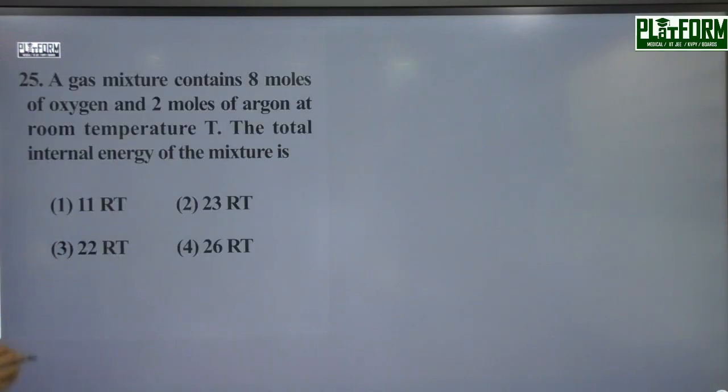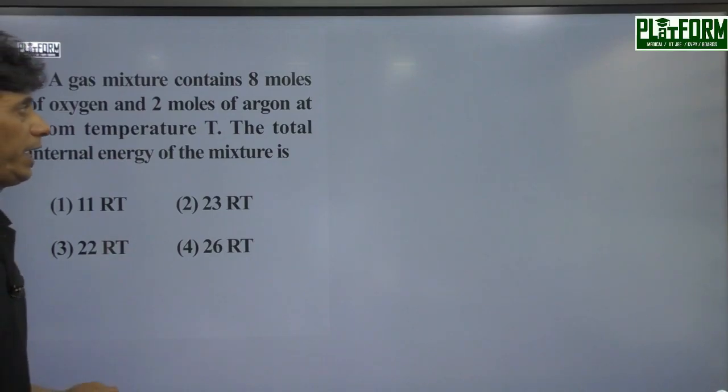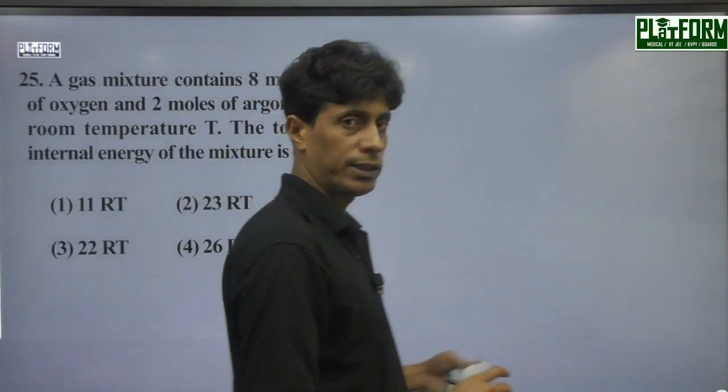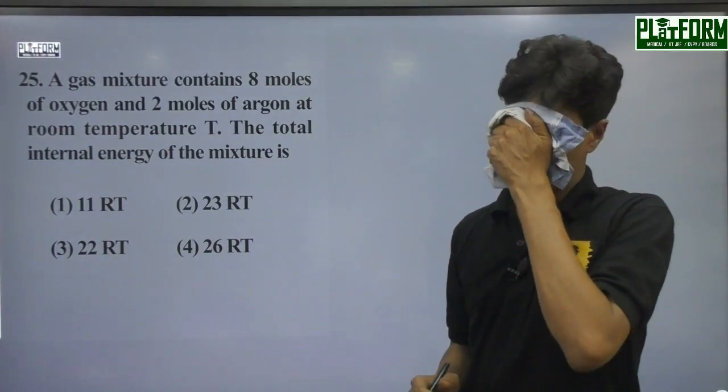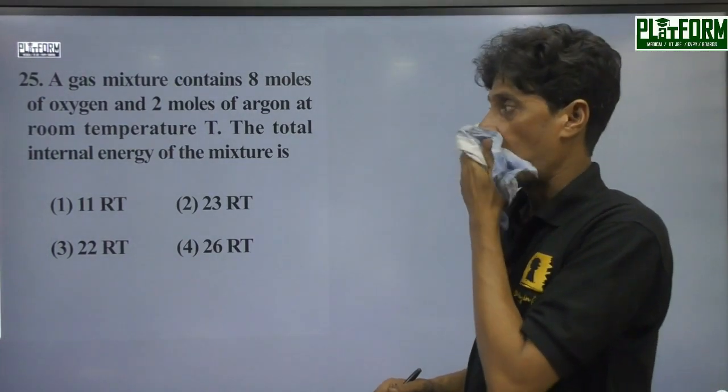Next problem. A gas mixture contains 8 moles of oxygen and 2 moles of argon, that is a mixture of diatomic and monatomic gas.